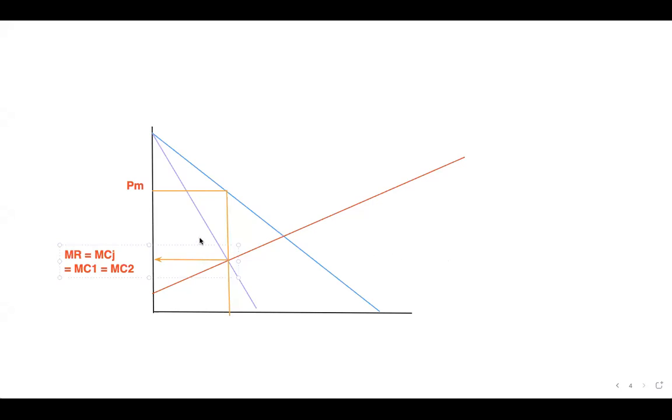In this equilibrium, I think the missing condition is this last part: it's true both that marginal revenue is equal to joint marginal cost, and that the joint marginal cost is equal to the marginal cost for each of the firms.